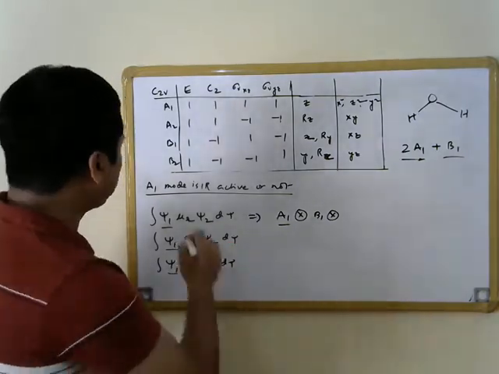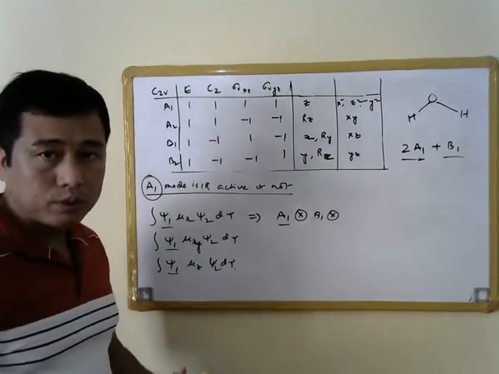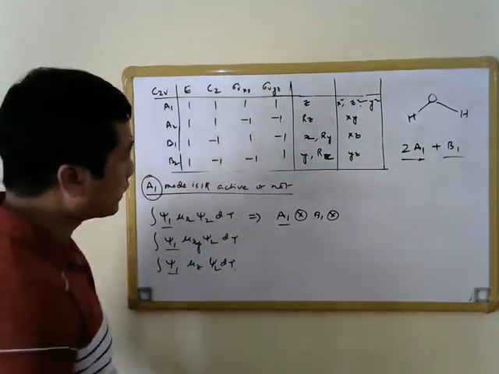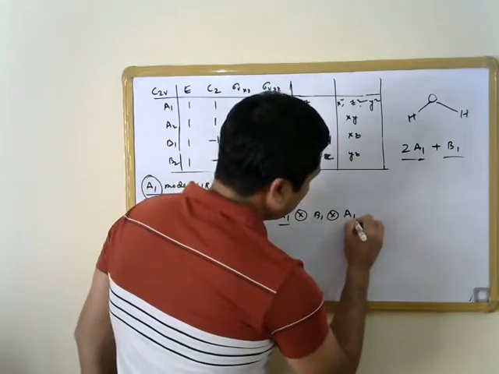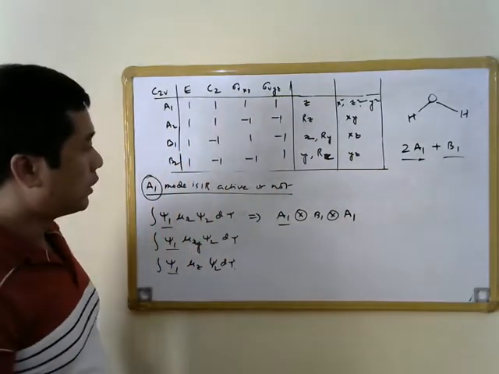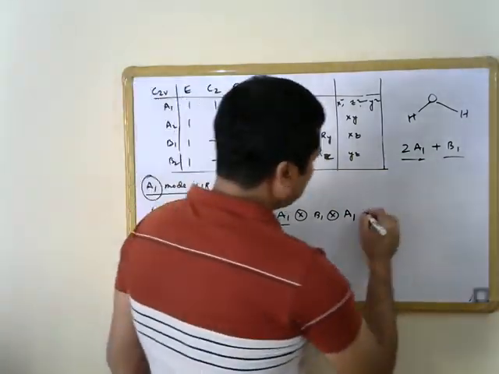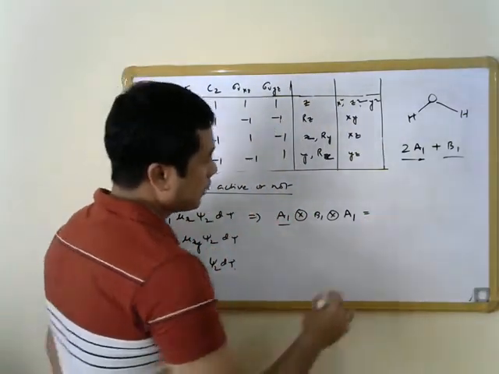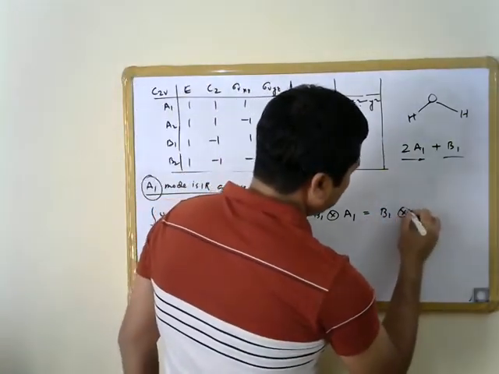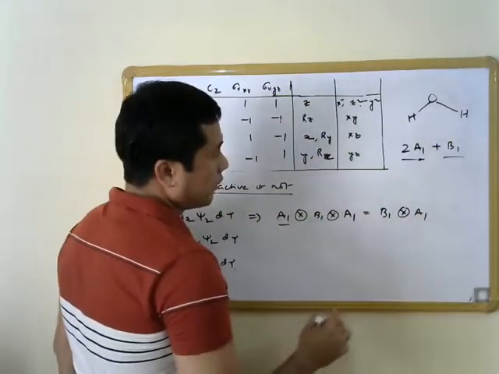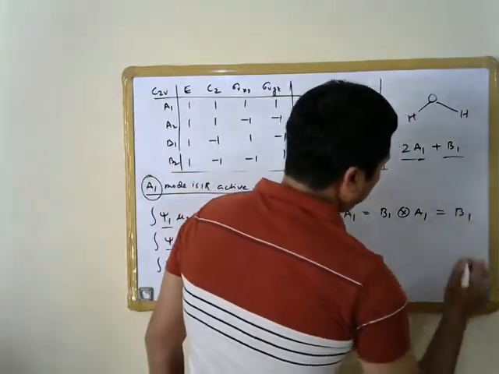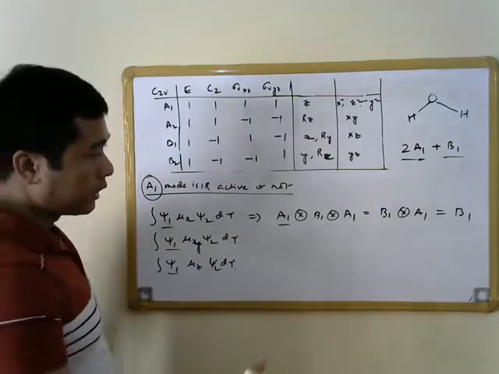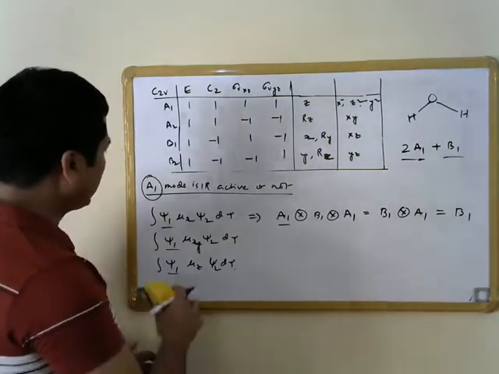So now since we want to find out whether the A1 vibrational mode is IR active or inactive, we take A1 as psi 2 as well. So then when we do this direct product, A1 into B1 we know is going to be B1, and B1 into A1 is going to be B1. So the answer is not equal to A1.